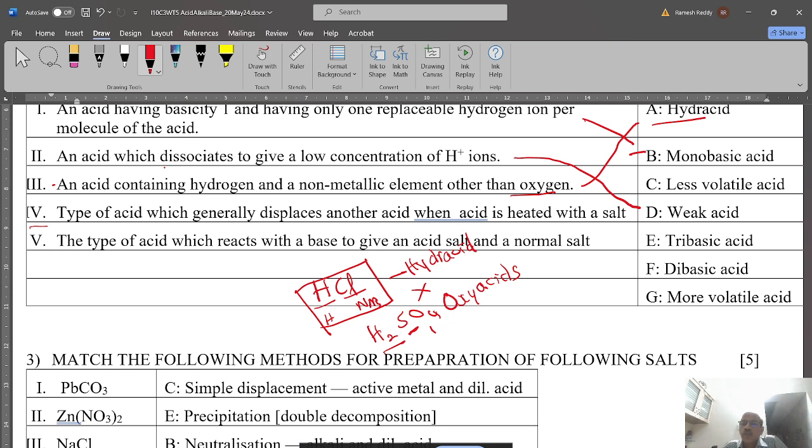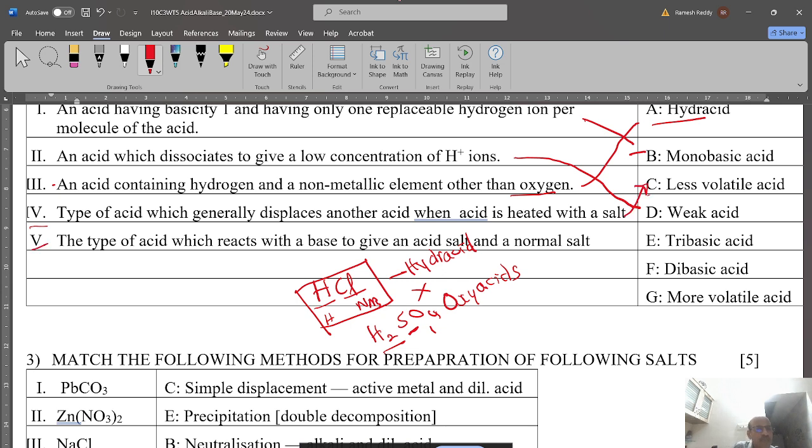No, it is always less volatile. The less volatile acid will always replace the more volatile acid when it is heated with the salt. Okay, it is less volatile acid.